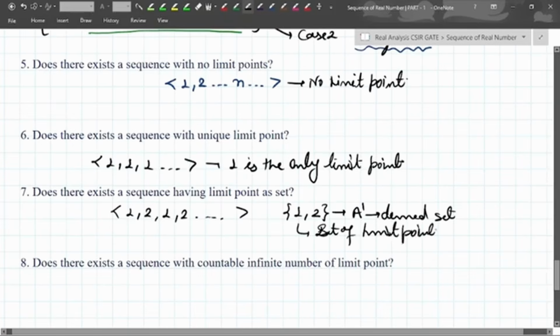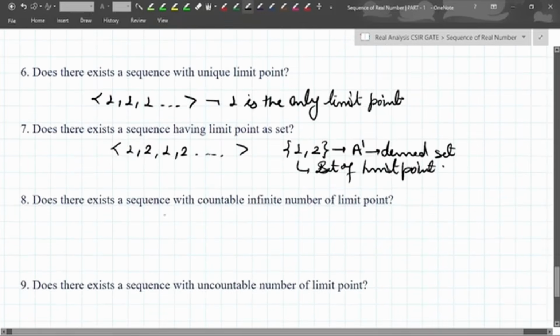Does there exist a sequence with a countably infinite number of limit points? Yes, countably infinite, like the natural numbers.